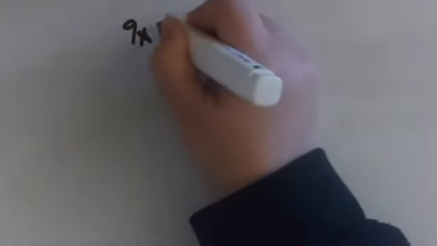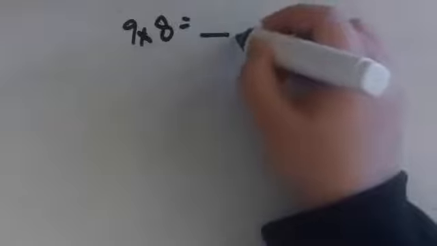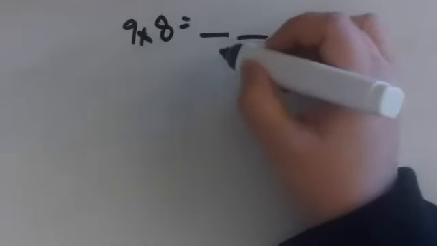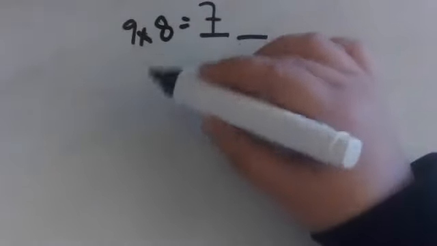Let's do one just on the board really quick. Let's say I'm doing 9 times 8. I'm looking for my product. Well, the product is going to be 2 digits. The first digit is going to be 1 less than 8, so that's 7. And then what do I add to 7 to make 9?